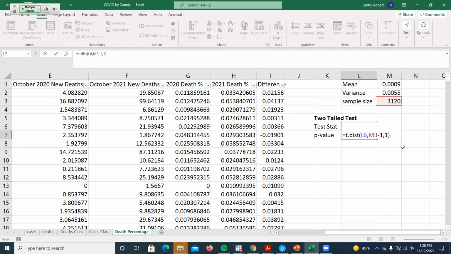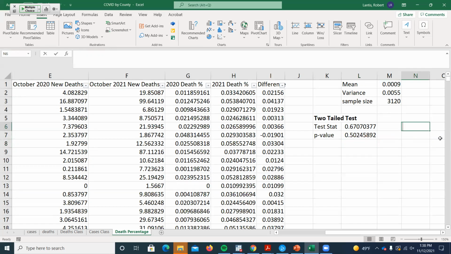So I actually want the area to the right, and then I need to multiply it by 2. So I first need to subtract that from 1, so that instead of giving me the area to the left, it gives me the area to the right of my positive test statistic. I then say, well, it would have been equally as likely for me to see something on the other side. So I'll multiply it by 2. I have an insanely high p-value.